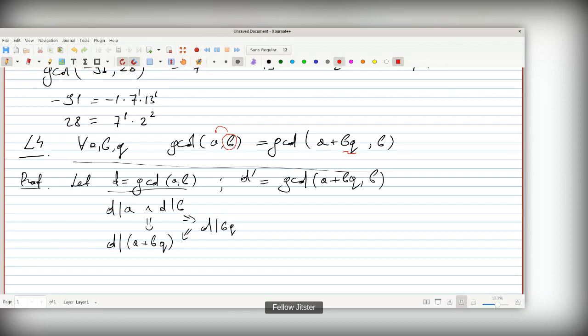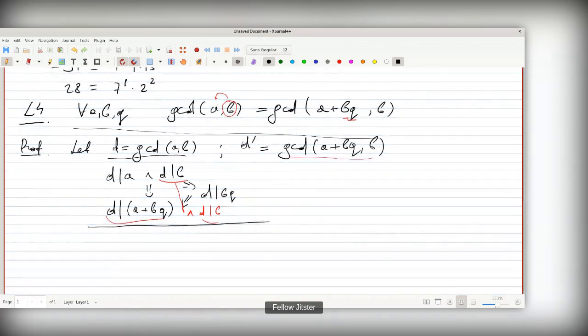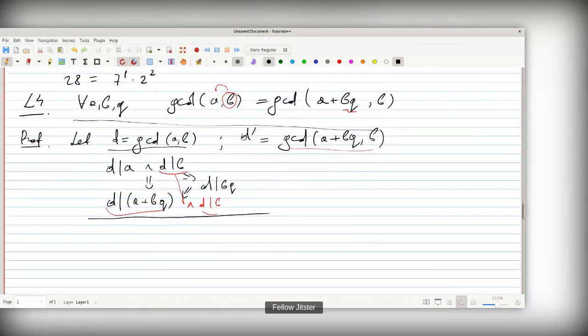And still, of course, it divides B. So our D is a common divisor of these two numbers, of which D prime was the greatest common divisor. So as D prime was the greatest, then D must divide D prime.